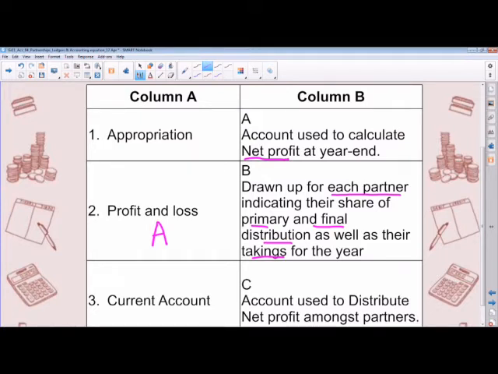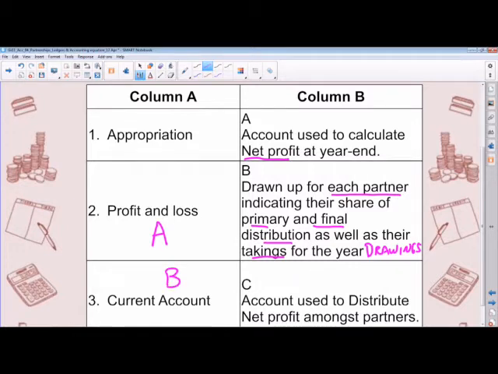Takings in this case refers to drawings that the partners have taken for the year. Okay, so the account that shows all of this is your current account. So current account, the perfect description is B.